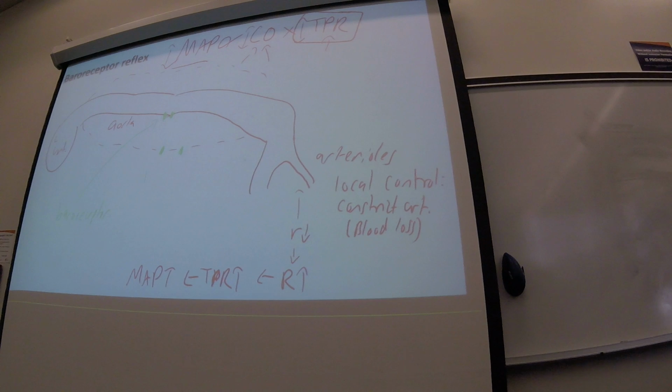So the baroreceptors stretch, and then that means they activate. When they activate, they send a signal to the cardiovascular control center in the medulla oblongata. And they do that via an afferent neuron.